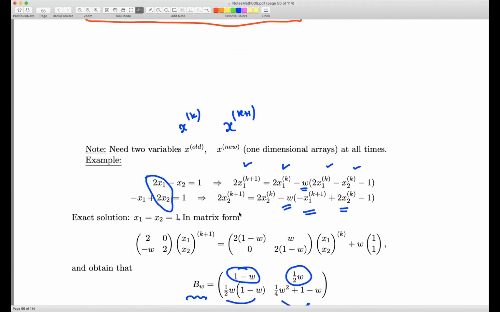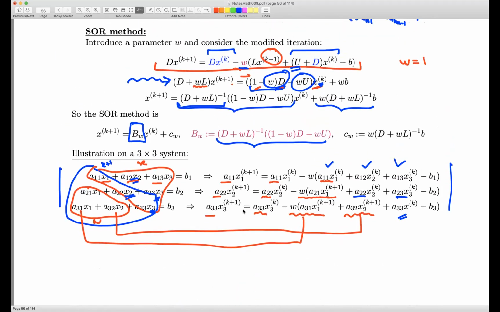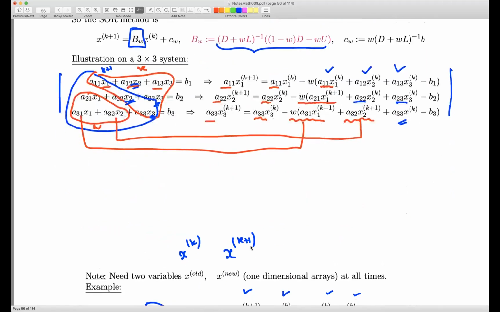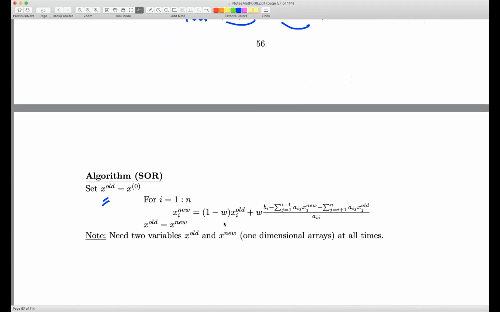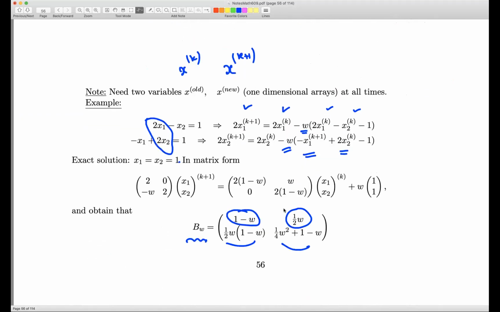And if you look carefully at what is happening here, this is exactly what you will see. So 1 minus omega xi old, and then plus omega. And then we discussed that when everything is below the main diagonal, you will have x index k plus 1.